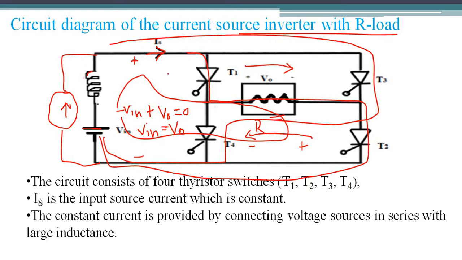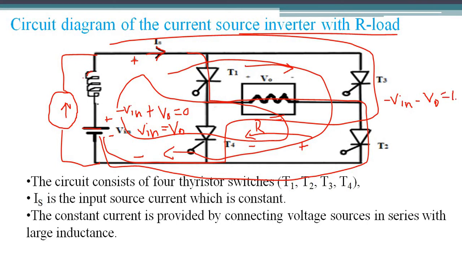If you write KVL in this loop, you get minus Vin minus V0 equal to 0.